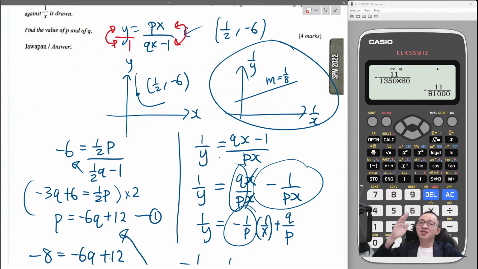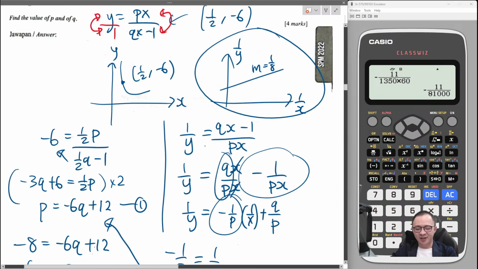And when I change the curve into a straight line, I get the gradient of 1 over 8. So this is the reason why I need to rearrange the given curve equation into the linear pattern, which is 1 over y equals m times 1 over x plus c. So this is the reason why you can see I do some rearranging here, isn't it?